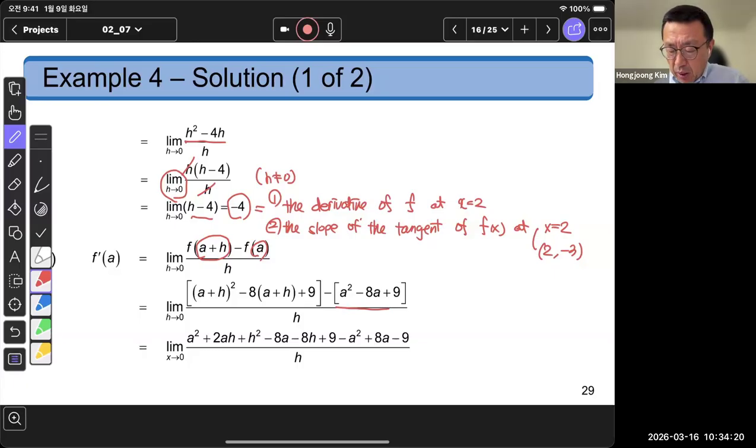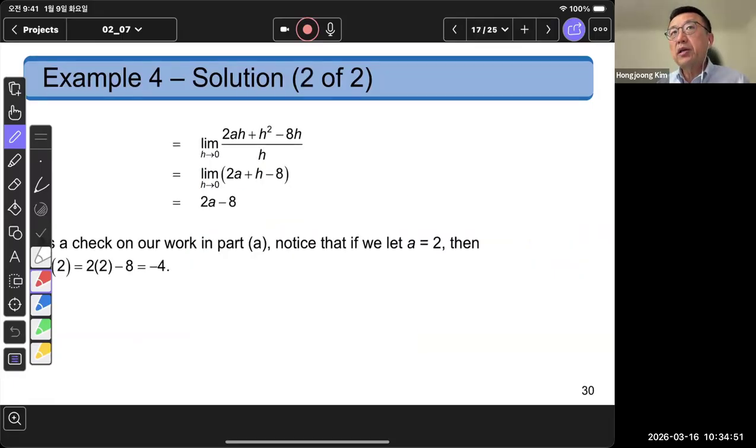Now, as you can see, a squared will be cancelled. And the constant terms in h will be negative 8a plus 9 plus 8a and minus 9. So plus 9 and minus 9 will be cancelled, and negative 8a and plus 8a will be cancelled. So what remains in the numerator is 2ah plus h squared minus 8h.